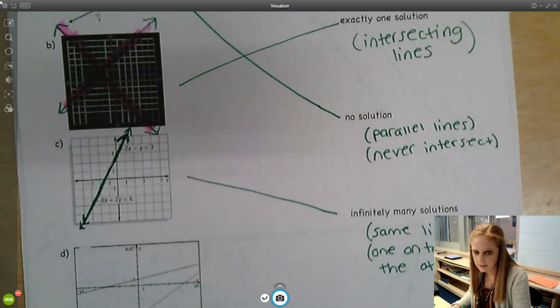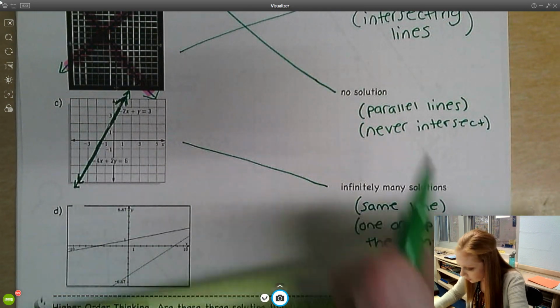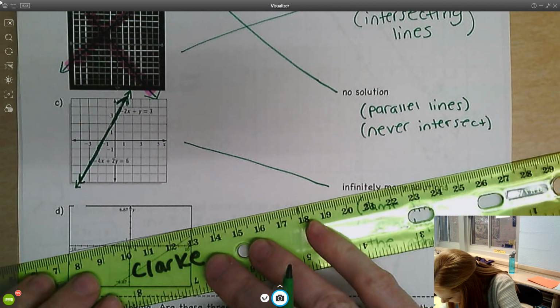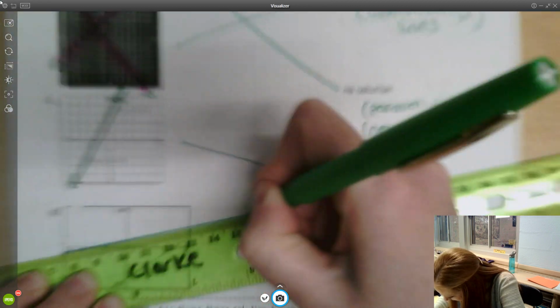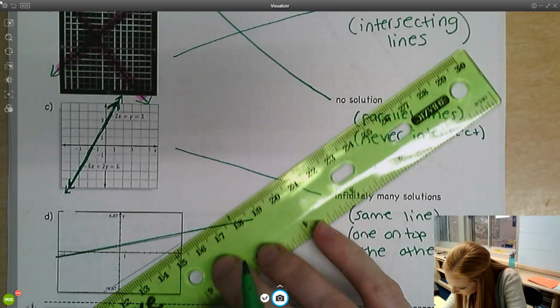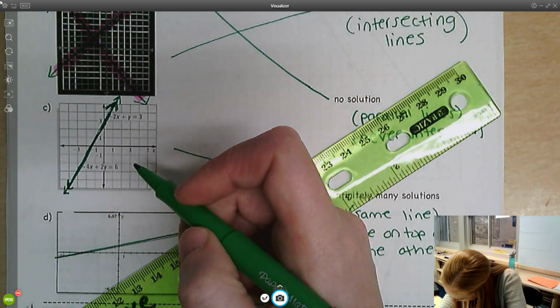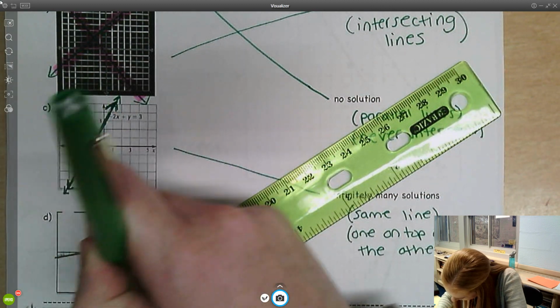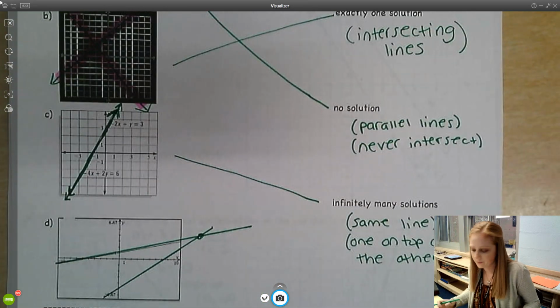And then lastly, this one's a challenge one. I'm going to go over it in marker. We have this line right here that if I kept going would go out there. And then we have this line here that even though they're not intersecting right now, if you keep tracing them, they're going to end up intersecting.